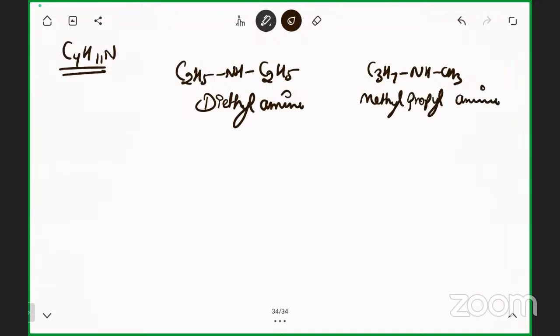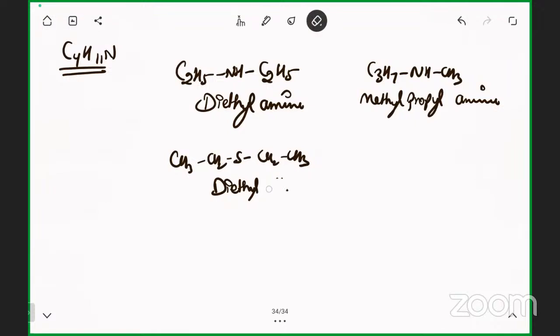We can take one more example, CH3CH2SCH2CH3, that is diethyl thioether, just because S is present, thioether. Okay, we can make another example.